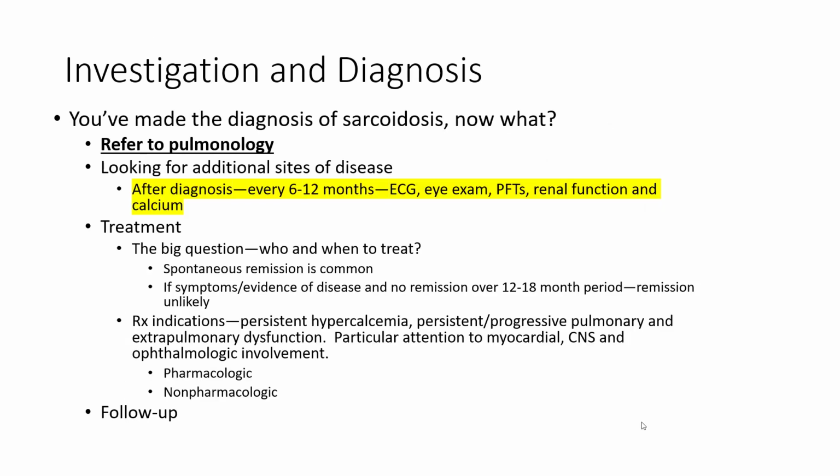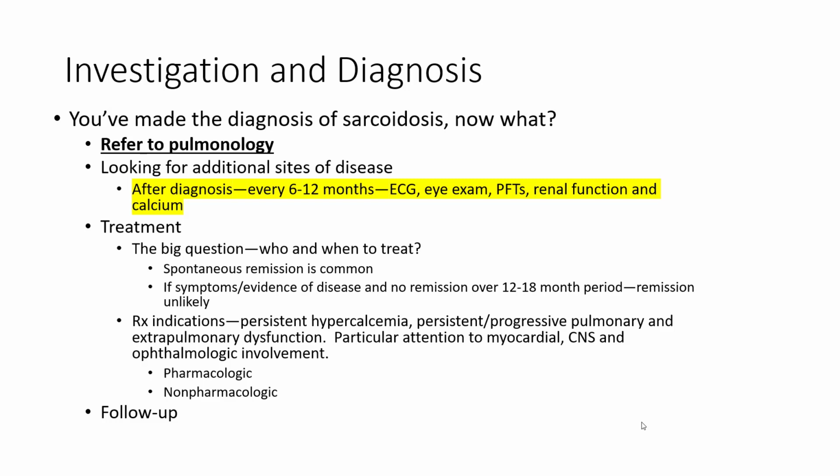So if you suspect that you have a patient with sarcoidosis, you need to refer them to pulmonology. And so these patients, if they have that gentle remitting type of disease, may get better within a couple of years, but it's going to be important for you as a primary care practitioner to do some things on an every 6 to 12 month basis, depending on what your pulmonologist and/or rheumatologist suggest.